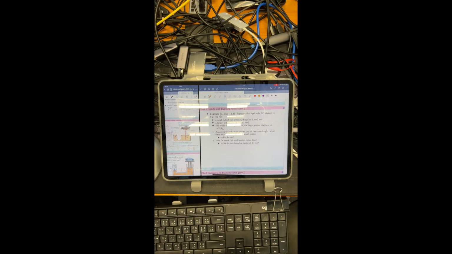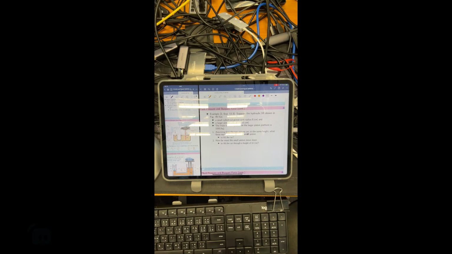And the mass of the car placed on the larger piston platform is 1,000 kilogram, on the same order. That one is 13 Newton, this one is 10,000 Newton, or you can say 9.8 once you use g as 9.8.